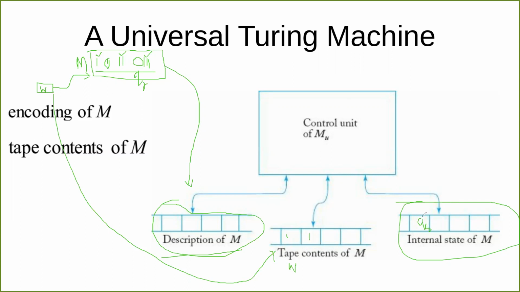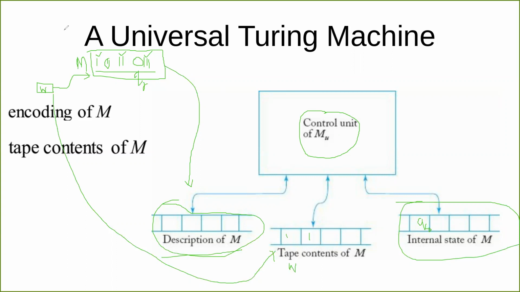If the M machine is at state Q0 and the input is 1, then which transition function would be chosen? The MU machine would choose that particular transition function and move accordingly. So the MU machine simulates the M machine on the word W. I'm repeating, the universal Turing machine MU would simulate the M machine on the word W.